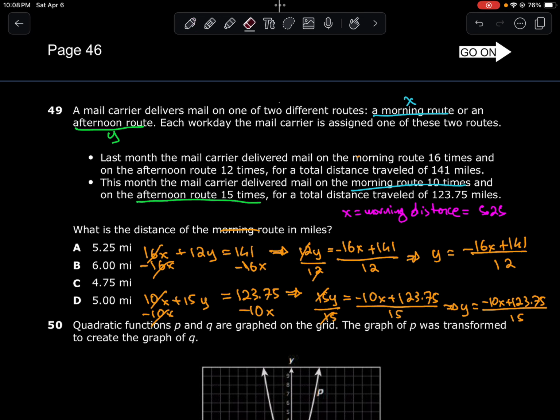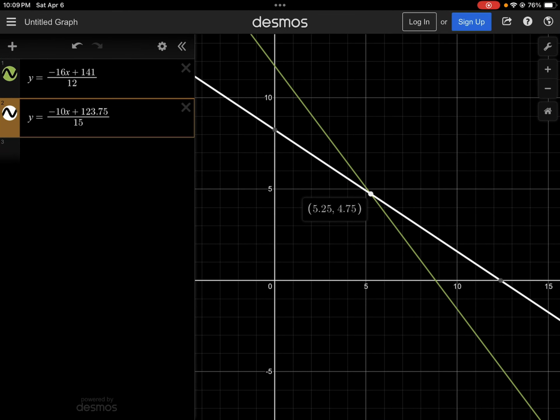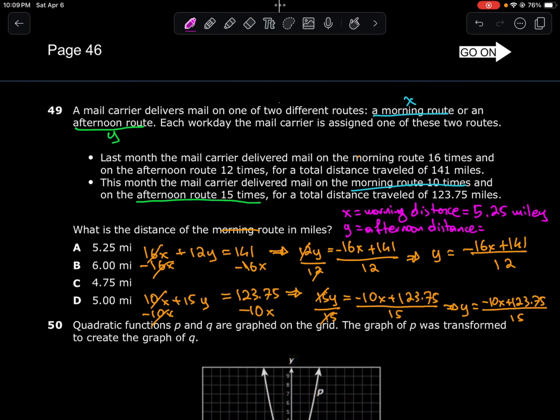Let me restate that: 5.25 miles. If they were asking for the afternoon distance, that would be the y, and I found that it is 4.75 miles.